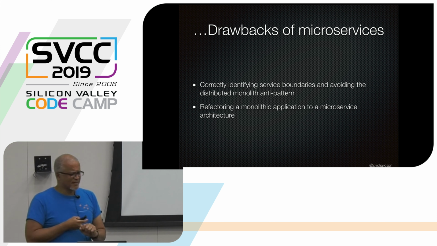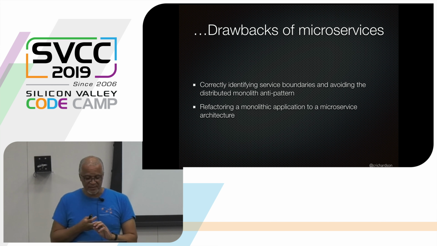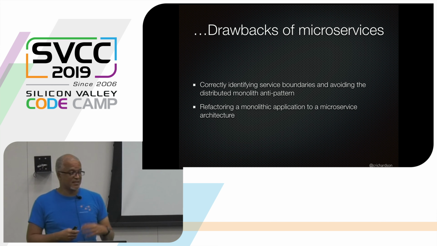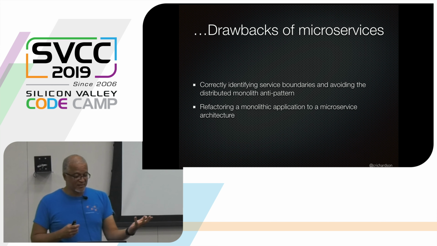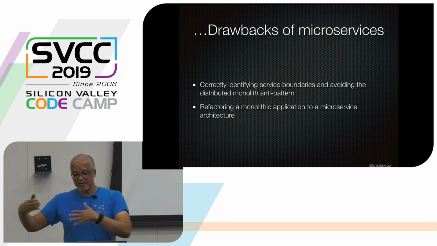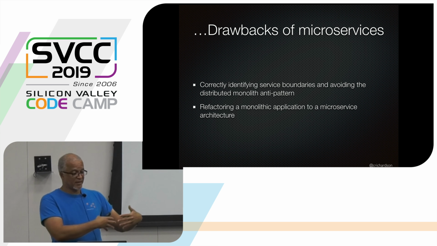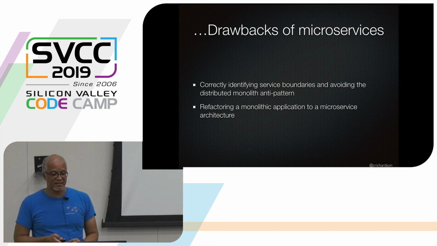And resisting the temptation to have a too fine-grained architecture is another challenge. And then also, breaking apart your monolithic application into a set of services is a challenge as well. It's a slow, painful, and quite often a multi-year process to re-architect your system into a set of services.